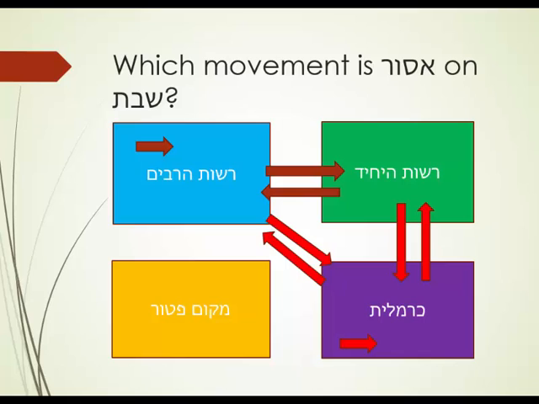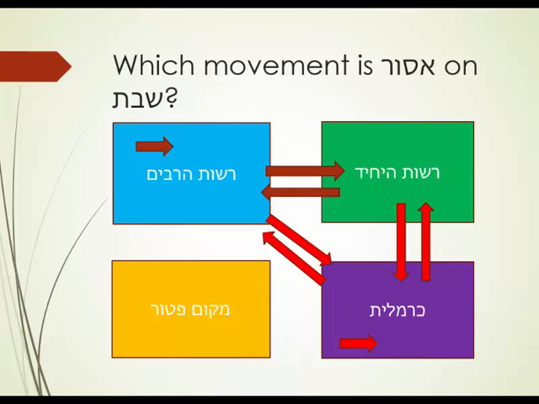Relative to a Reshut HaRabim, it's more like a Reshut HaYachid, and therefore you can't carry from a Reshut HaRabim to a Carmelit, and vice versa. In addition, since a Carmelit is treated like a Reshut HaRabim, carrying 4 amot within that Carmelit is also going to be restricted midrabanan.